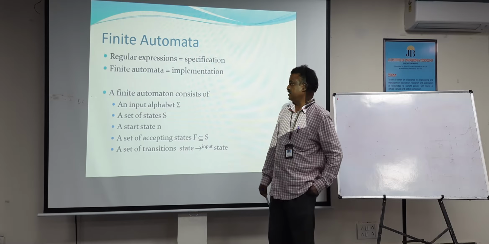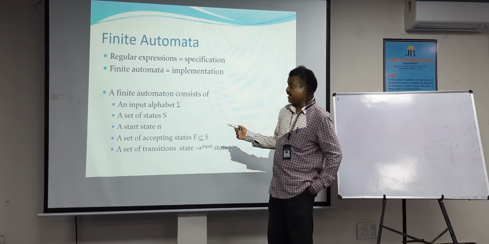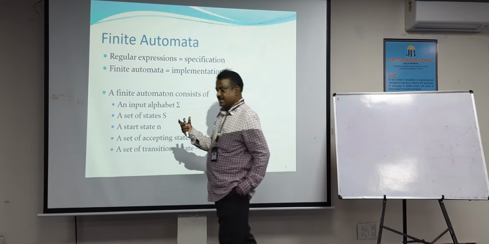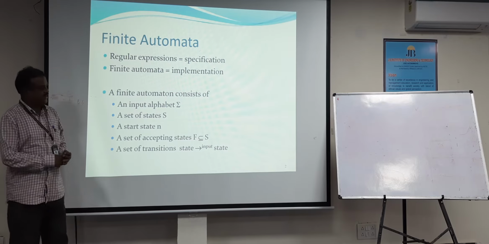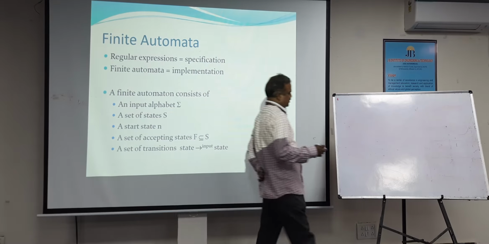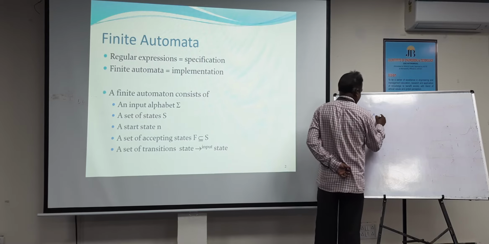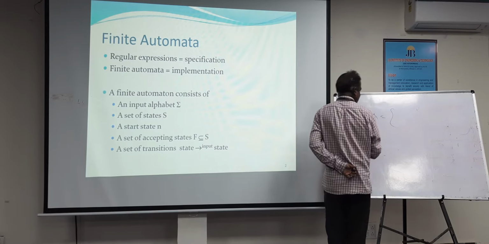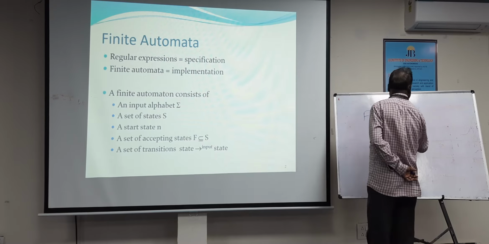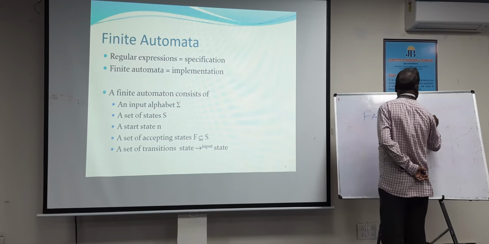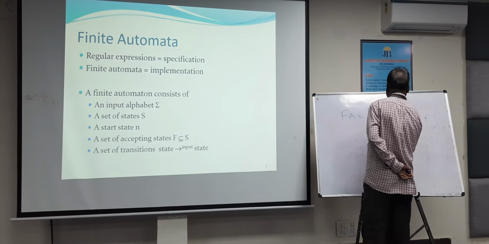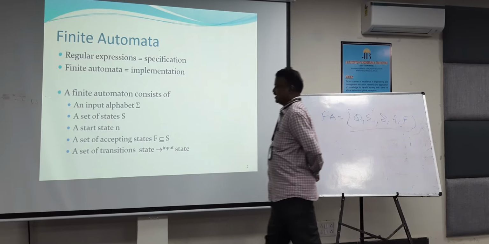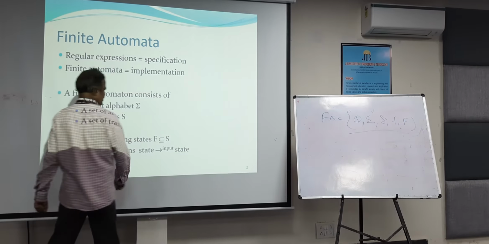What is finite automata? Finite automata consists of 5 tuples. They are Q, sigma, transition, F and capital F. These 5 tuples we call a finite automata.